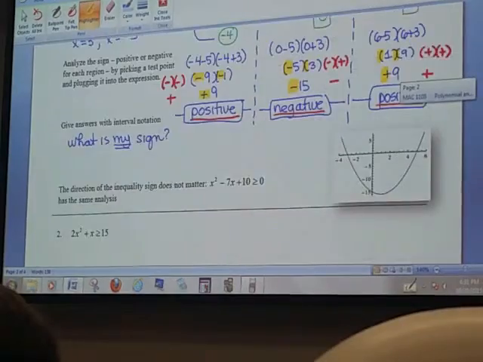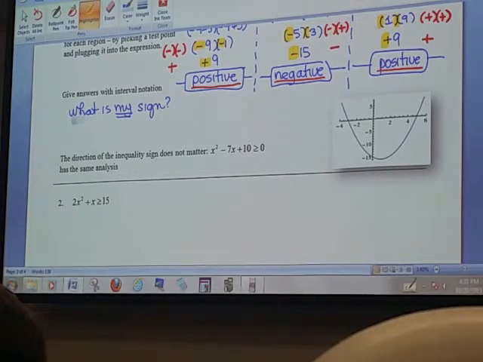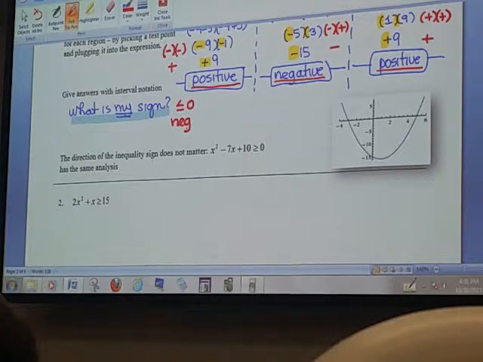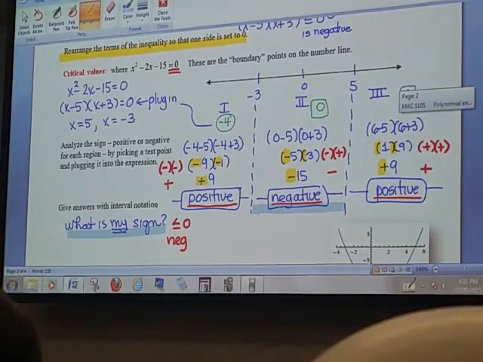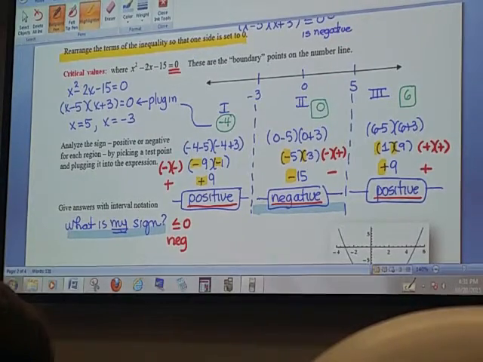In other words, my sign is less than or equal to 0, which means negative. That's what it means. That's the literal definition of what it is to be negative. You're less than 0. So my answer is where this thing is negative, which is from -3 to 5.